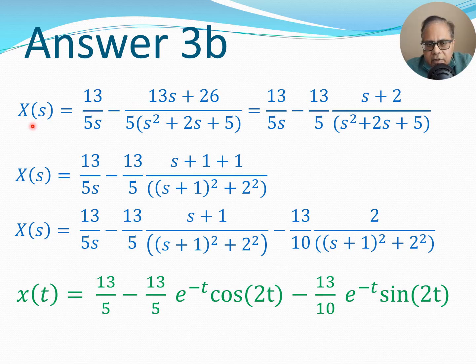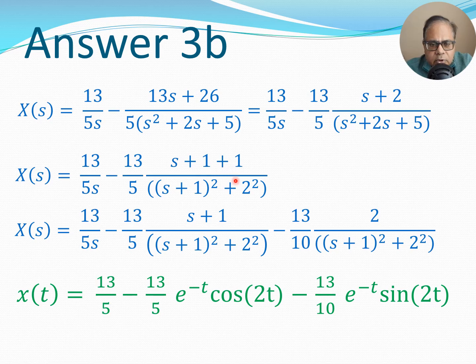So let's do that here. I have written X of s out here in this form, and you can see now this is much more amenable to solution. Of course this term 13 by 5s is pretty simple, but I have to somewhat reduce this term in order to use the Laplace transforms we defined before. So here I can write this s plus 2 as s plus 1 plus 1.